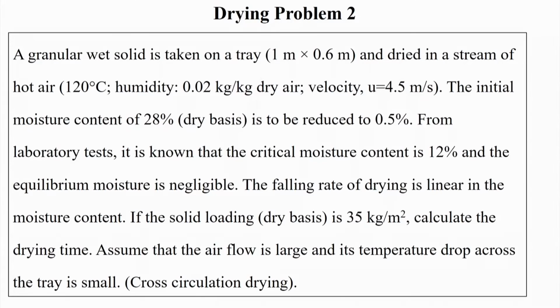If the solid loading is 35 kg per meter square, calculate the drying time. Assume that the air flow is large and its temperature drop across the tray is very small. From this statement, we can assume that it is cross circulation drying. So now we need to solve this problem and calculate the total drying time.